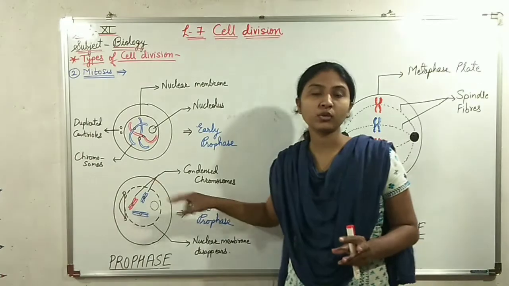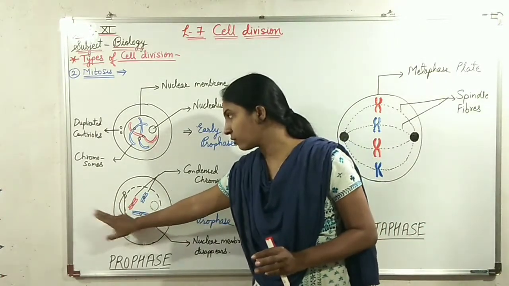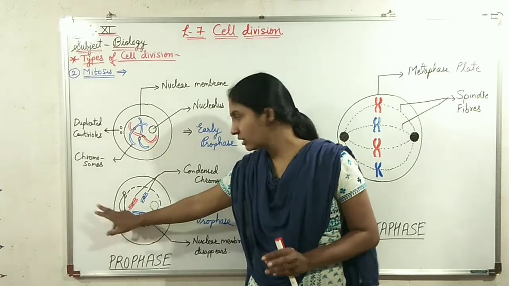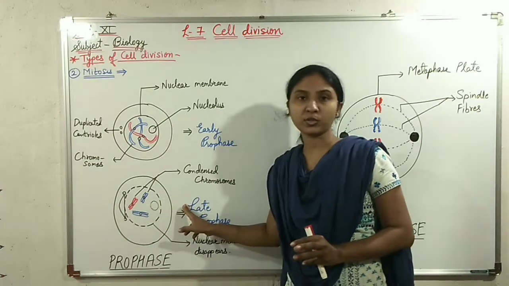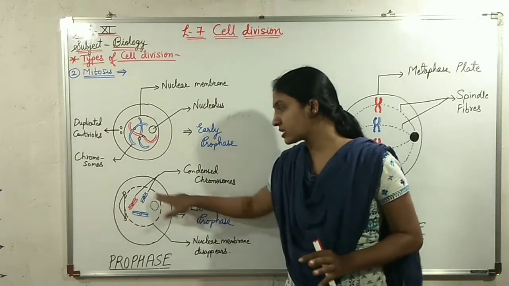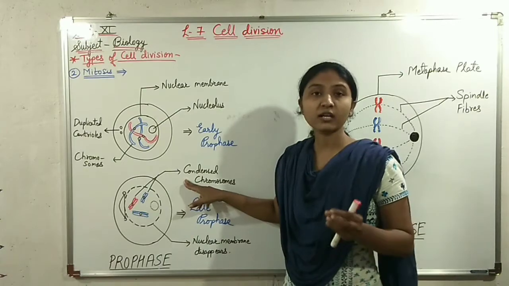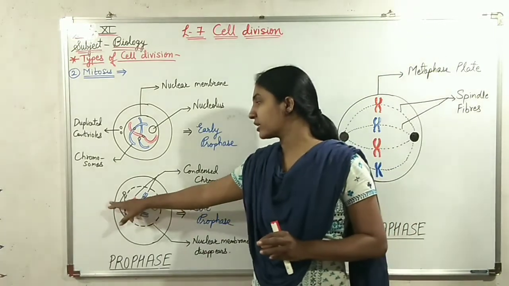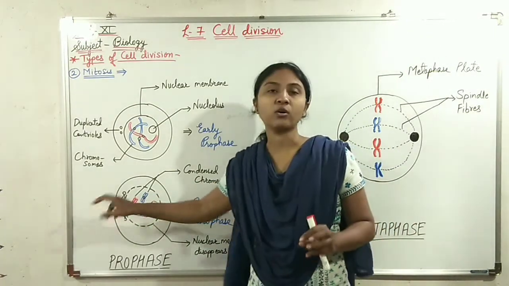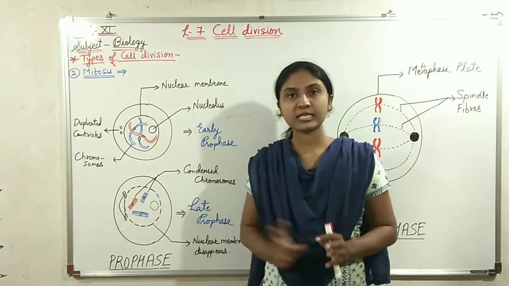If one centriole is here, then the other will be opposite to it. In the late phase, the nuclear membrane disappears, the chromosomes are condensed, and the centrioles are on the opposite poles of the cell.